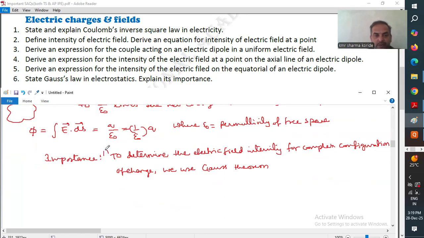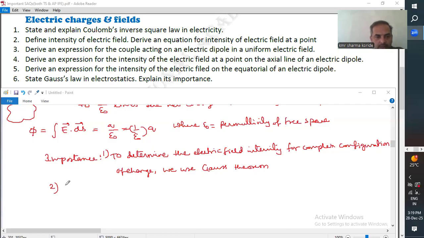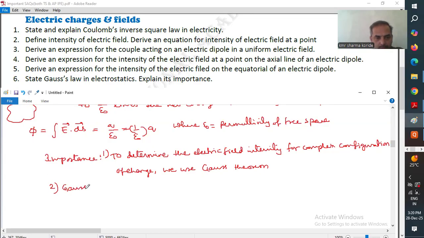This is the first one. Second, Gauss theorem can be applied to determine the electric field due to a stationary charge as well as a charge which is in motion.